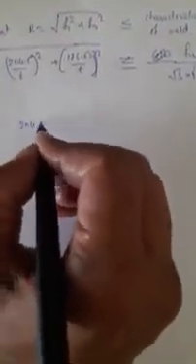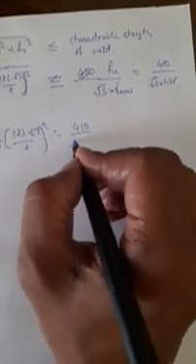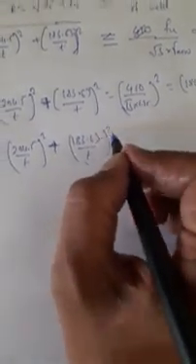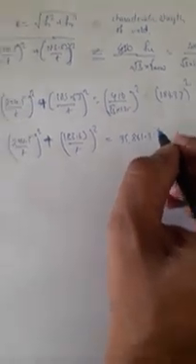So I will square these. (204.5 by T) square plus (183.67 by T) square is equal to (410 by root 3 into 1.25) square, that is equal to 189.37 square, which is 35,861.33.